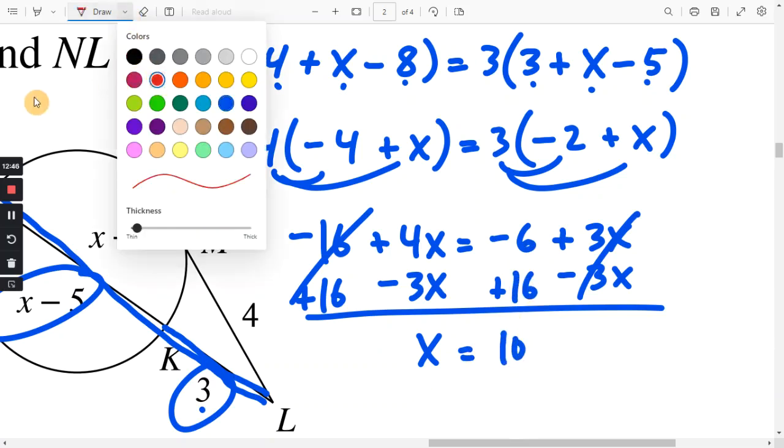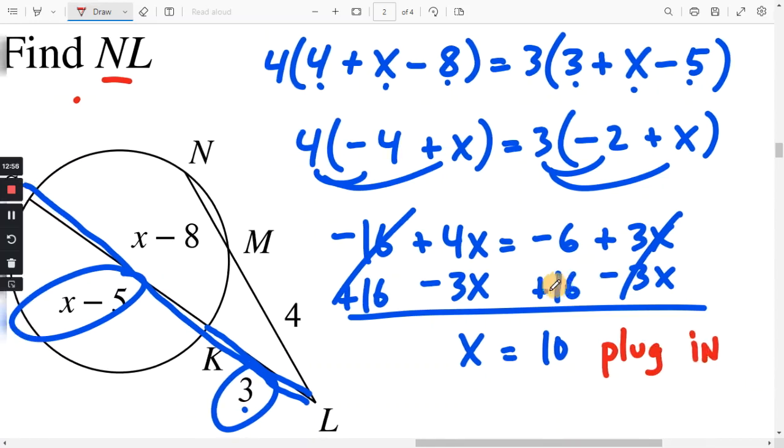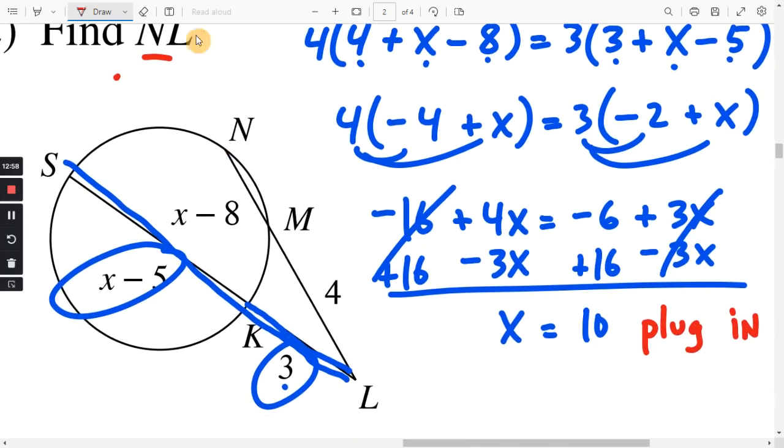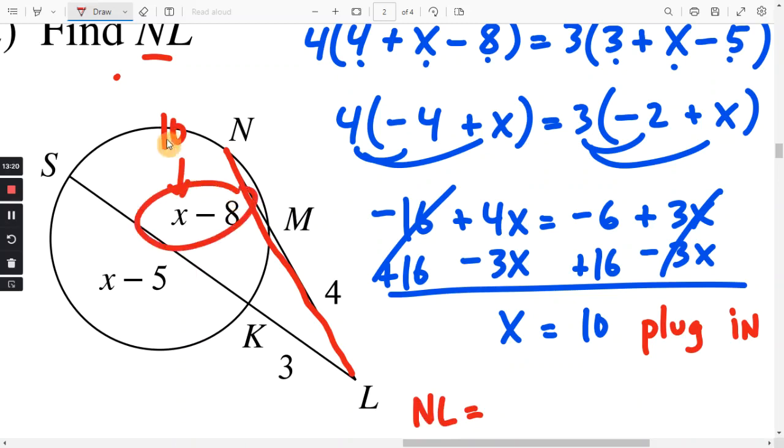Now, that's not what they asked us. They asked us to find NL. So we have to take that 10 and plug it in. All right, so we're looking for NL. So NL, going from N to L, is this entire segment right here. So x equals 10 is going to go right in there. So for NL, we're going to have this piece, which is 10 minus 8.